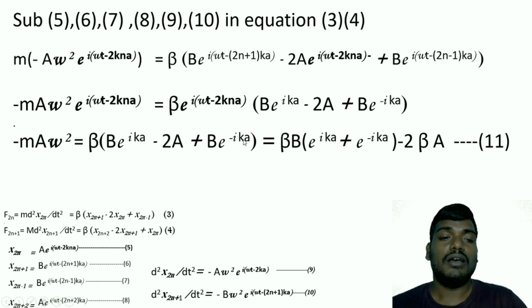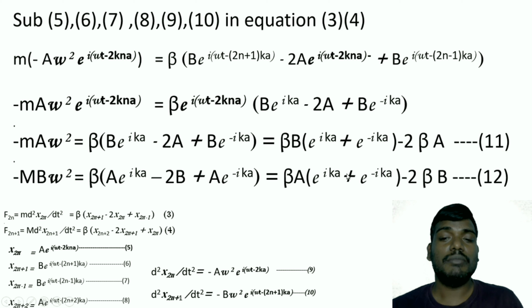Then we take common the B terms and A terms, so the value is β B (e^{iKa} + e^{−iKa}) − 2βA. The equation is named as 11.